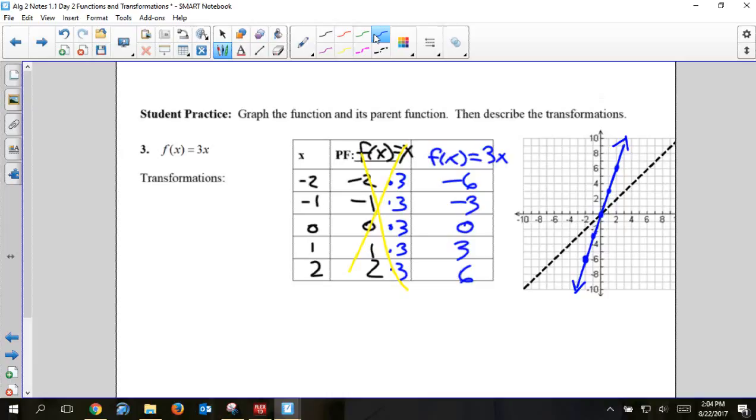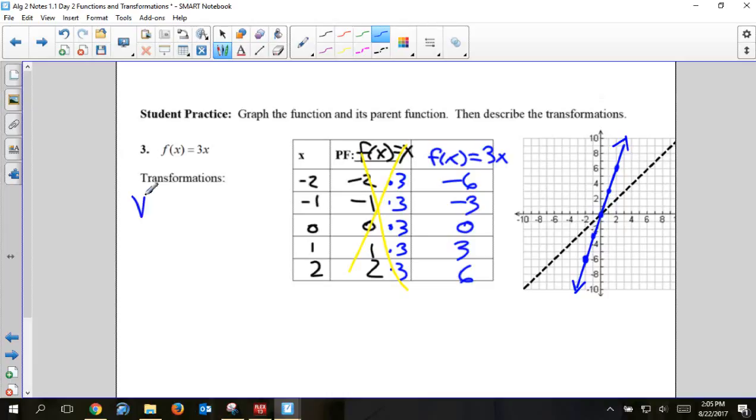How do we know it's a stretch? If it's bigger than 1, it's going to be a stretch. If it's between 0 and 1, then it's going to be a shrink. So this number is bigger than 1, it's a stretch. And if you had your arms at y equals x, and you imagine stretching them, it's going to go higher. So this is a stretch.